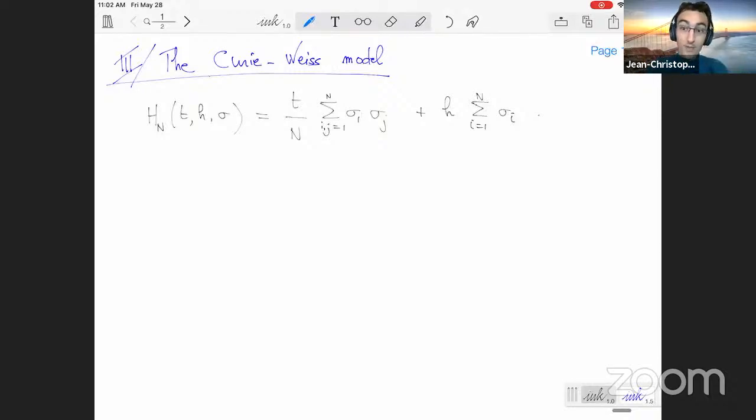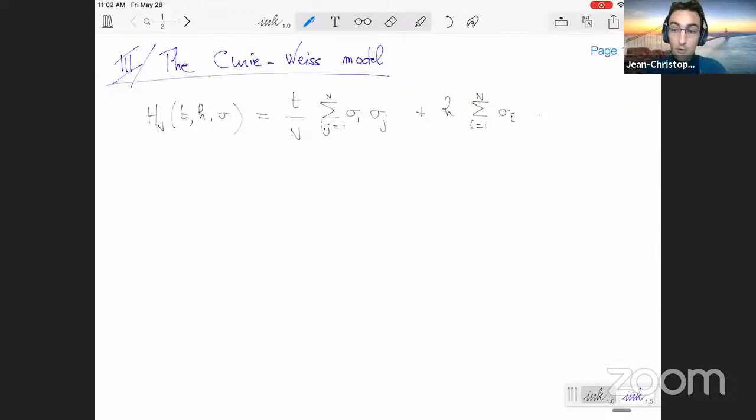And I started to discuss a simpler version of the Ising model called the Curie-Weiss model. For this model, we have a lot of units as in the Ising model, but each unit interacts with every other unit. And so I wrote down the energy function here on the slide.